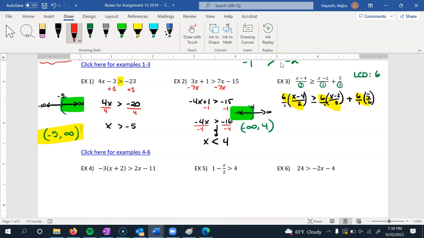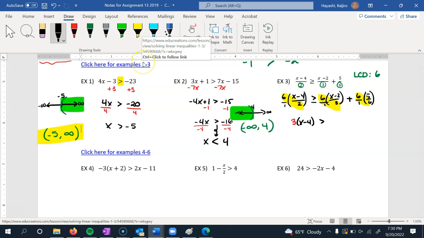If you have 6 on the top and 2 on the bottom, what number is that going to be? 3. So that's going to be 3 times x minus 4. The 6 over 2 is going to simplify to being 3. It's greater than, what if you have 6 on the top and 3 on the bottom? What number does that simplify to? 6 over 3, yeah, so 2, times x minus 2.